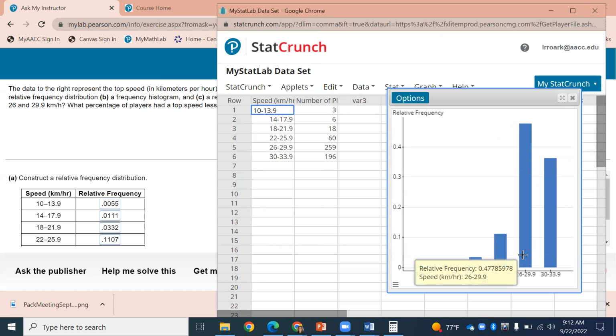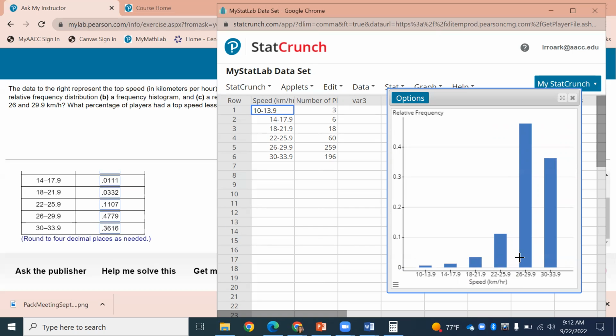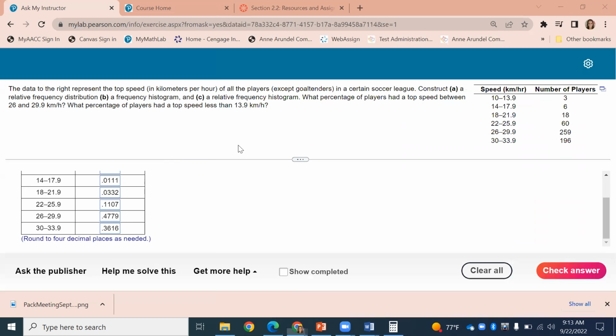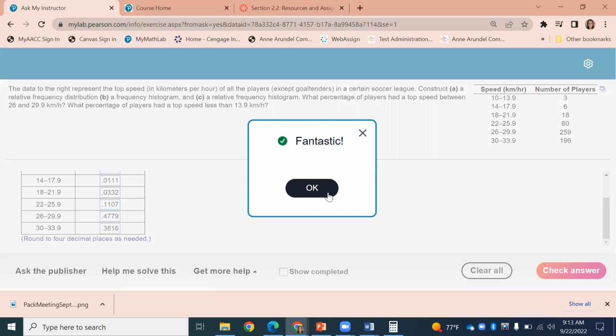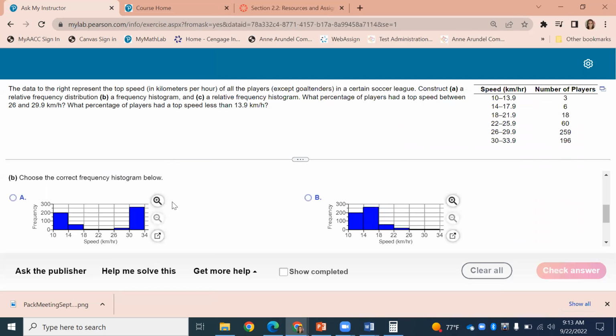I'm just kind of using this to double check my work now, 0.4779. And then the last group is 0.3616. So some different options for you. You can either calculate it by hand, or you can work around using StatCrunch by making a bar plot out of it.